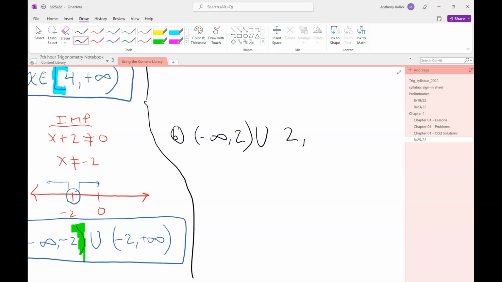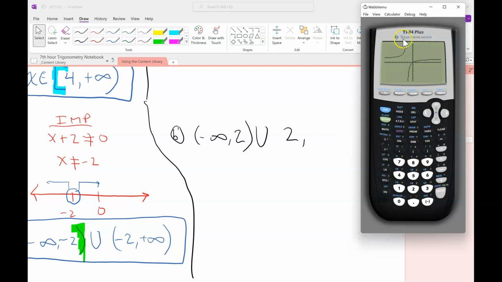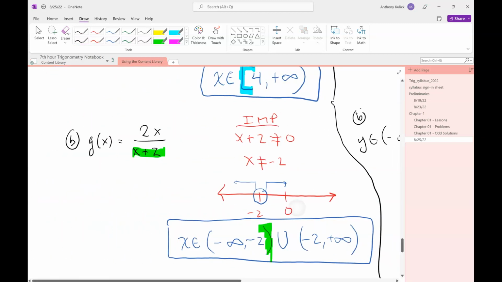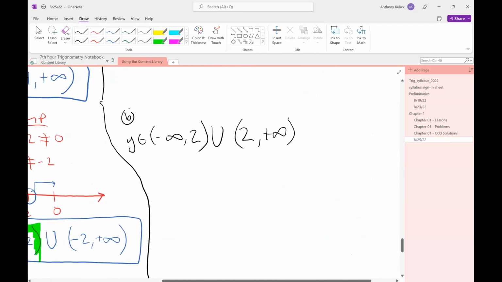And the highest piece is, yeah, positive infinity, because this end is pointing all the way up. Everybody's okay there? We probably should say y is a member of. Okay, I did write that. Cool?